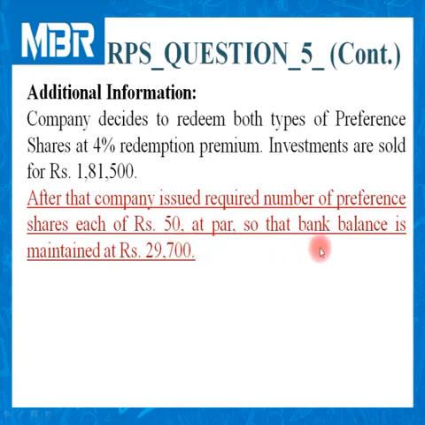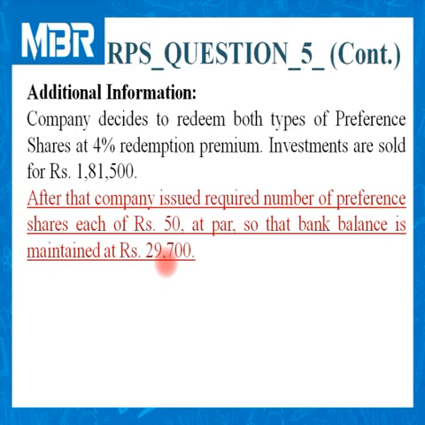But information related to the closing bank balance at the end of the adjustment of RPS is given. It means at the end of the process of RPS redemption, we need to maintain a bank balance or cash balance, whatever is given in the question, at rupees 29,700.